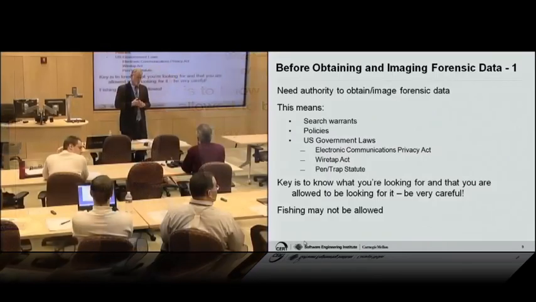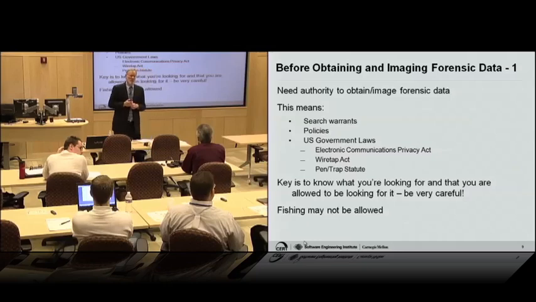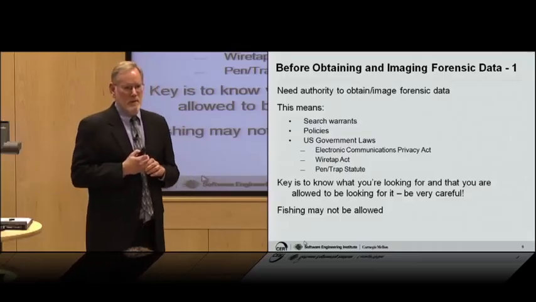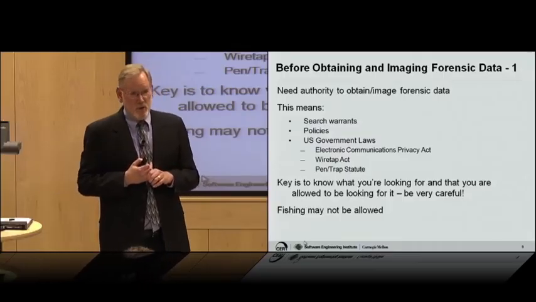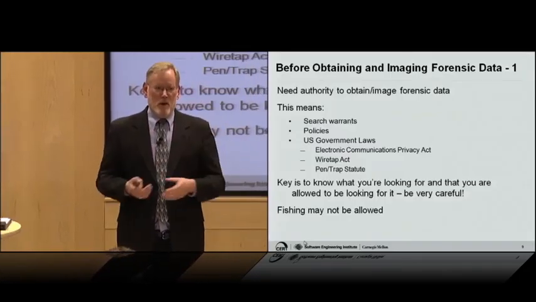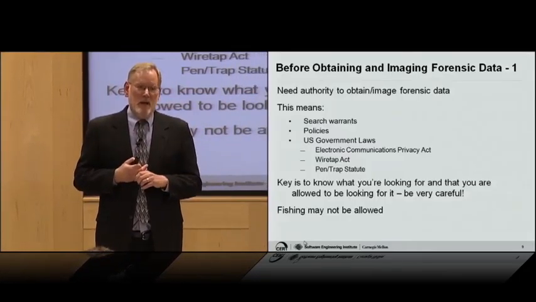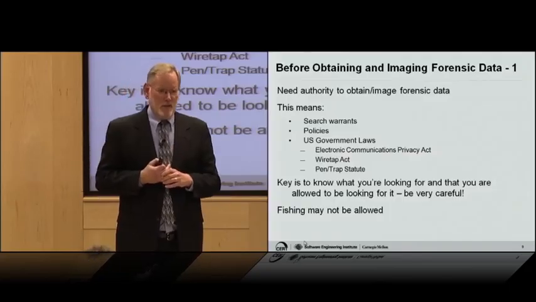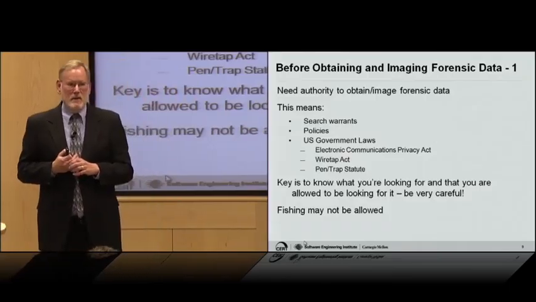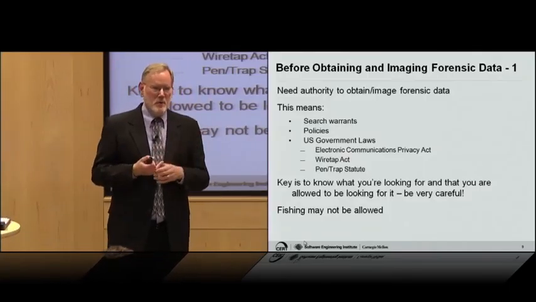Yes? So how does that apply to an organization and the devices that they own, if they want to image those? My understanding is that those rules are different because it's a private corporation. And so you may be able to do more things simply by virtue of the fact that it's part of the company. Then something like phishing activity may be allowed because the company owns the asset, and you're allowed to phish through your own computer.